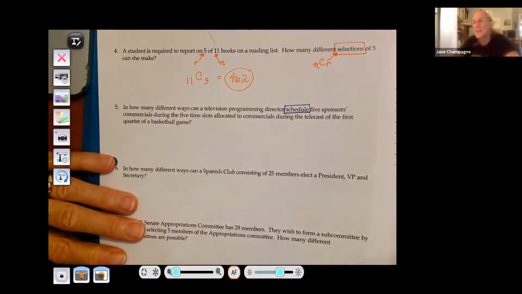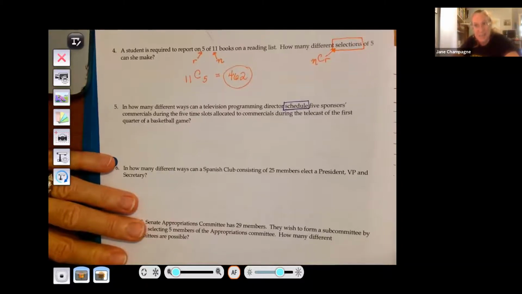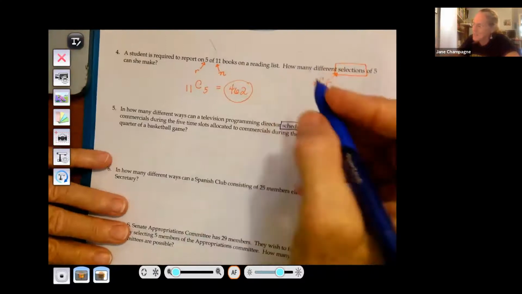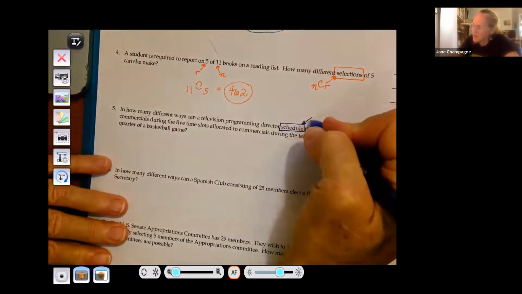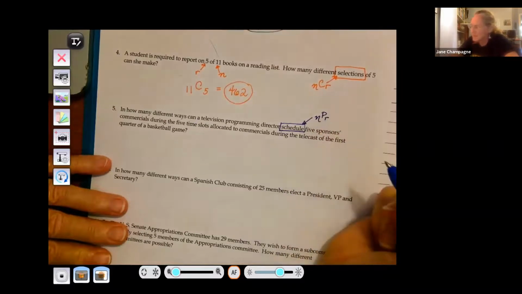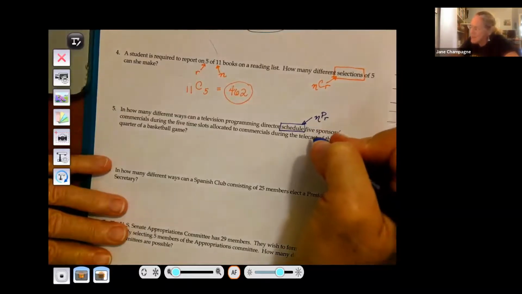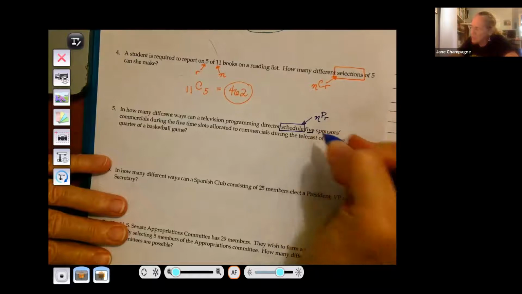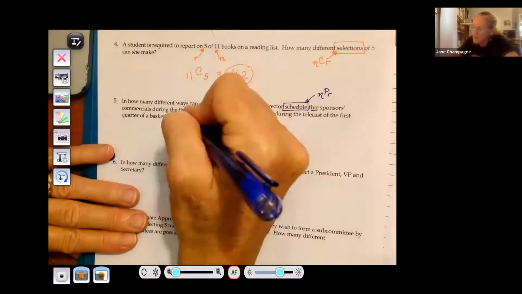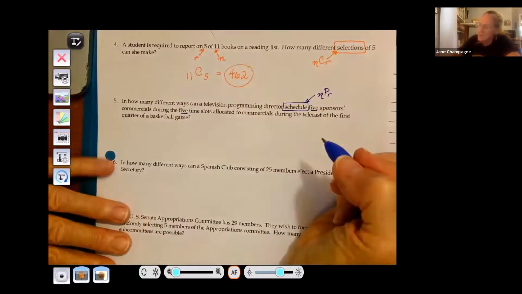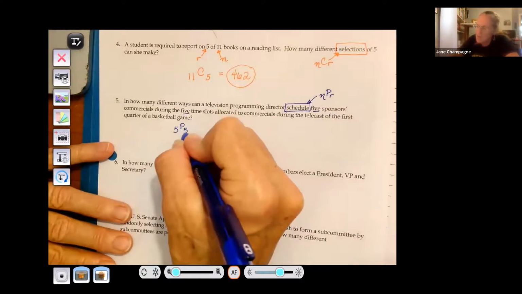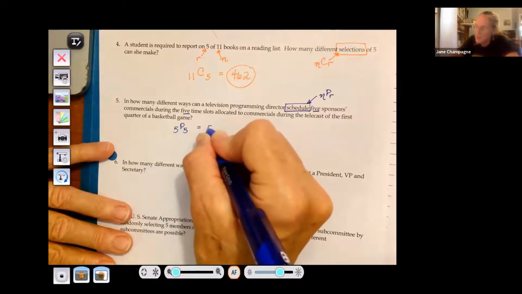Typically putting into position. So that's going to be a keyword for nPr. How many are we scheduling? It looks like there's 5 of them, and we're putting them into 5 time slots. So that is 5 put into position, all 5 of them, which is the same thing as 5 factorial.